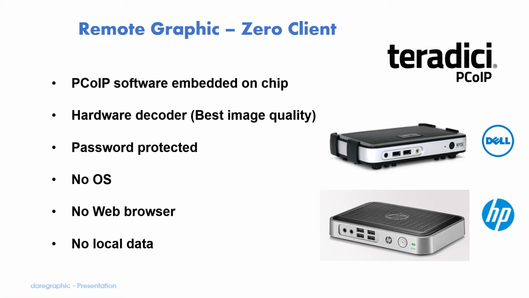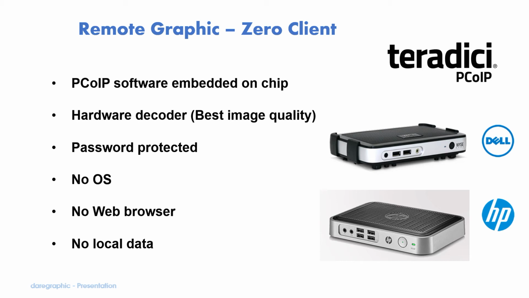The software is embedded in the chip. So there is a decoder chip that you will have on your desk that will talk to the sender that has the Teradici sender software or hardware. That allows for maximum performance at a very low cost at your receiving end.